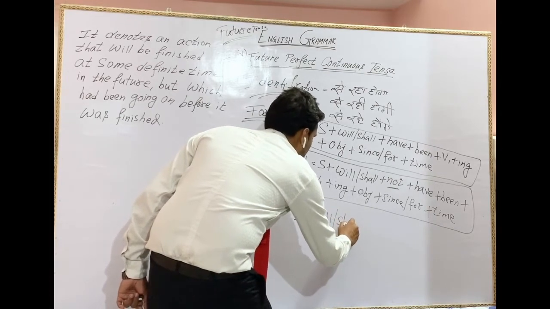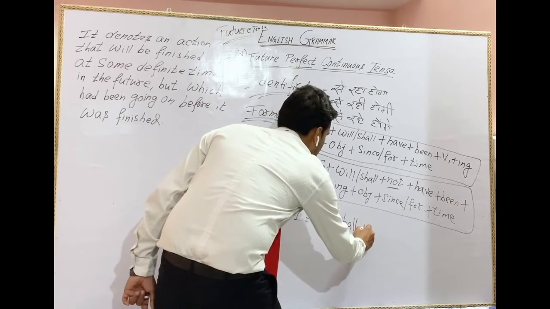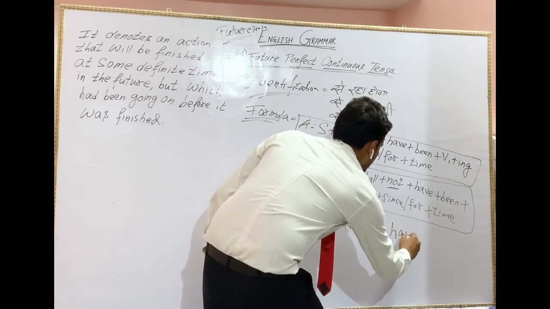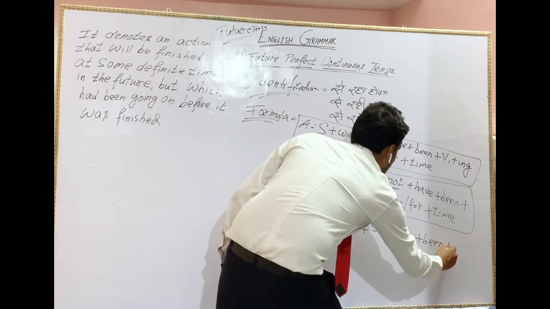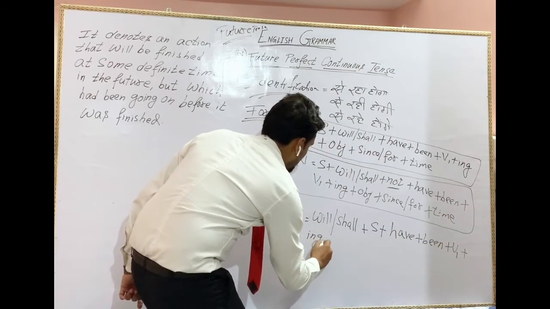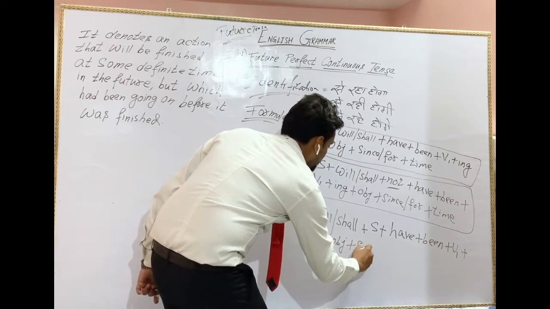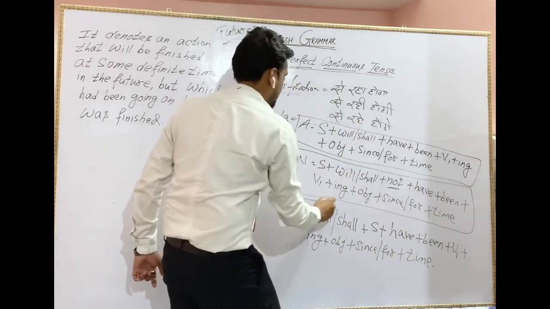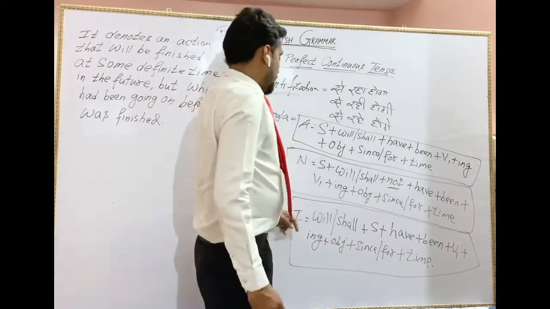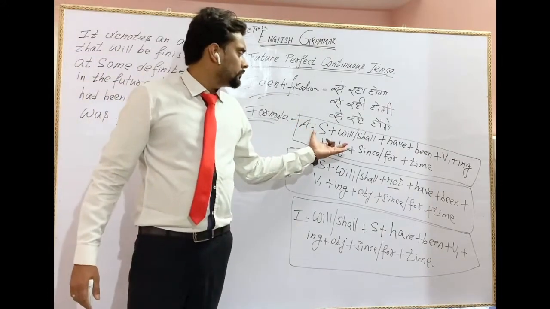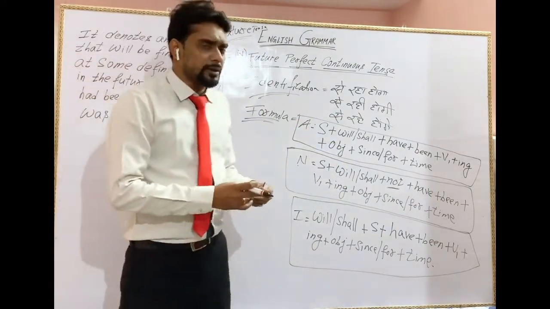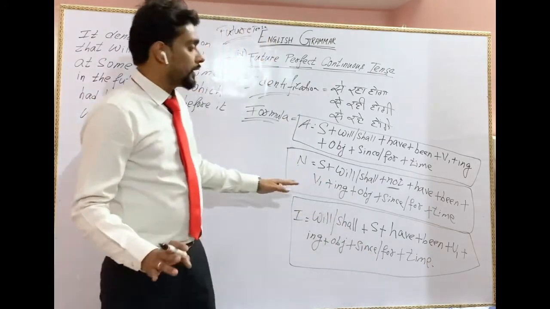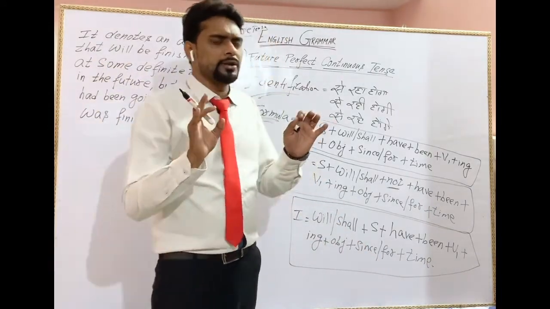Will or shall plus subject plus have plus been plus v1 plus ing plus object plus since or for plus time. This is the formula for interrogative. So as I've told you, don't go for the length. I can understand that this looks very long and maybe you are thinking how you can learn this. Don't worry, I'll tell you in a very simple way so that there will be no problem for you to understand.